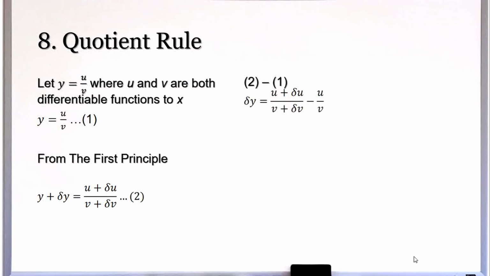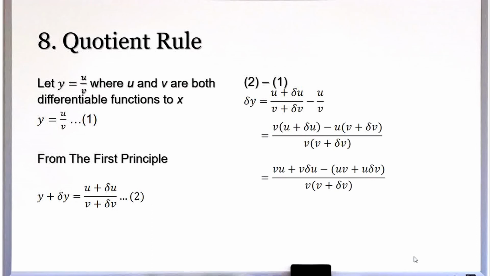We'll have delta y equal to u plus delta u over v plus delta v minus u over v. And now we just do simple fraction operation where we multiply v times u plus delta u minus u times v plus delta v, over the denominator, which will be the same, which is v times bracket v plus delta v.